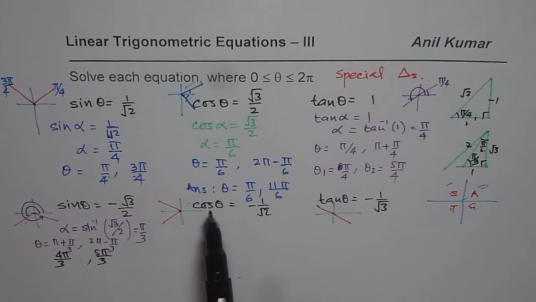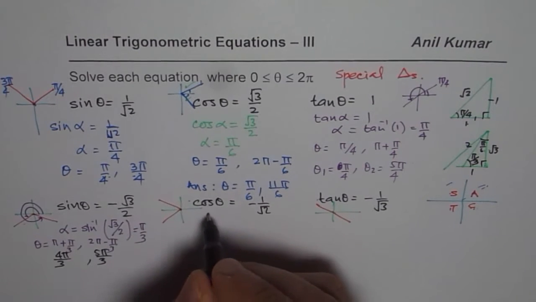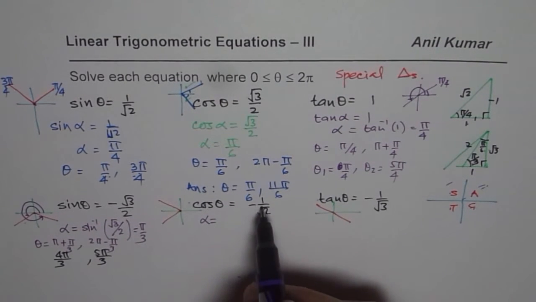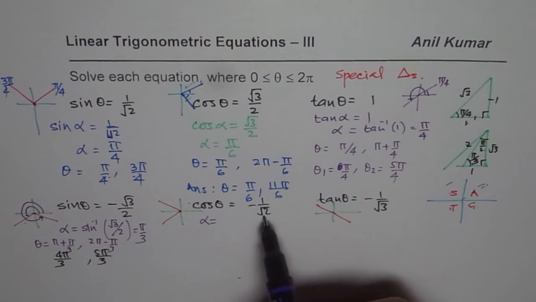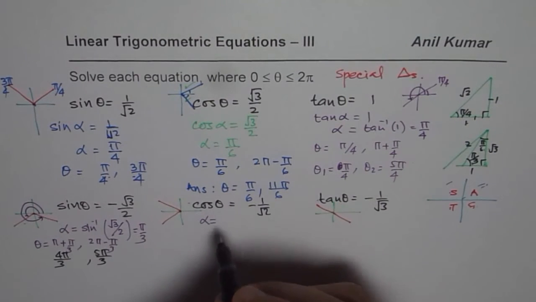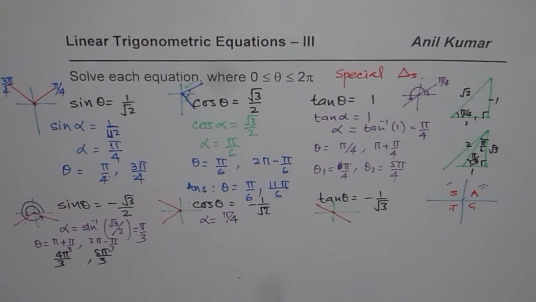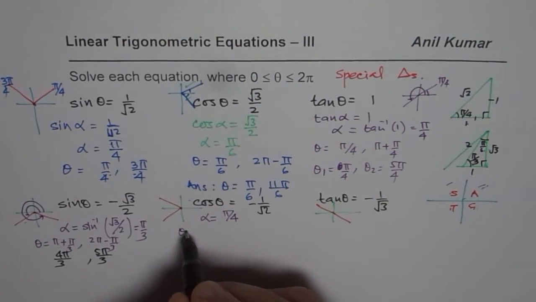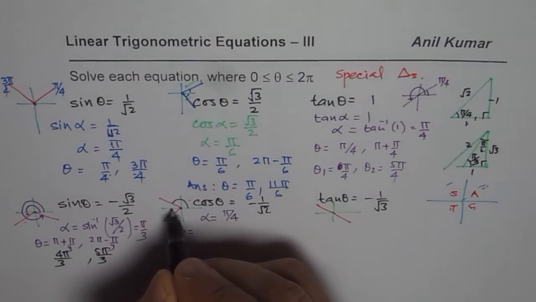In case of cos theta equals minus half, we know alpha, the acute angle, will be, when is it 1 over square root 2? I'm saying half, but it is 1 over square root 2. 1 over square root 2 is indeed pi by 4. So alpha is pi by 4. So two solutions here will be theta equals, now this is pi by 4, that is pi by 4.